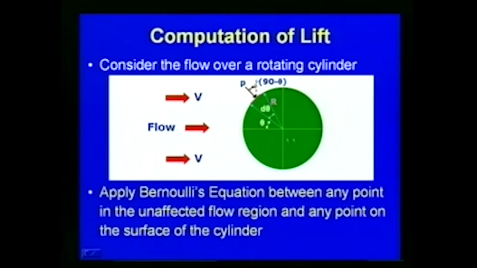For this case, let us assume the flow to be potential flow, so that we can apply Bernoulli's equation between any point in the unaffected flow region, that means this region, and any point on the surface of the cylinder. We consider the pressure difference between a point in the outside unaffected flow region and a point on the surface of the cylinder.